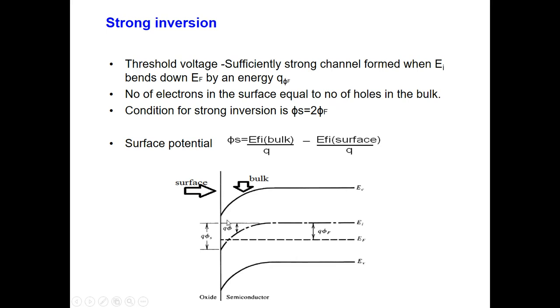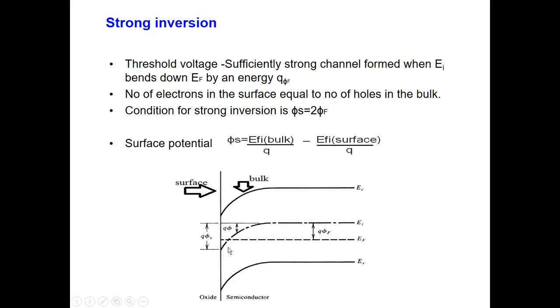That condition is called strong inversion, and the condition for strong inversion is phi s should be equal to 2 times phi F. So that is the condition for strong inversion. Q phi Fs is now equal to the difference between Ei and EF in the bulk minus the difference between EF and Ei at the surface.